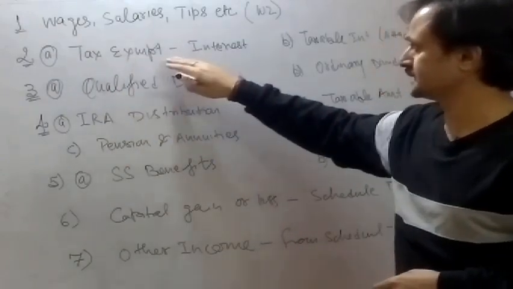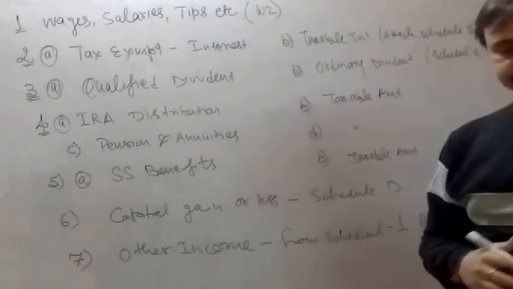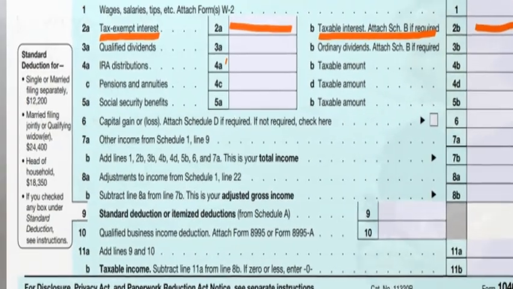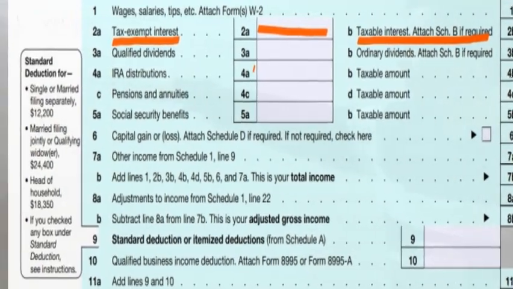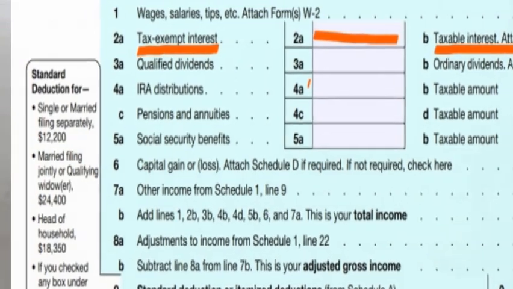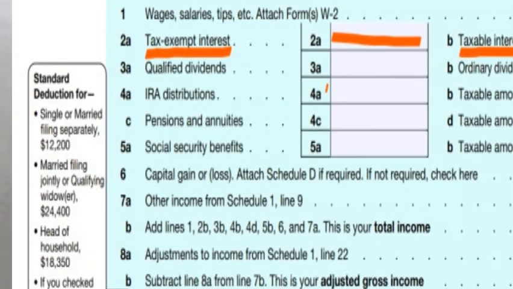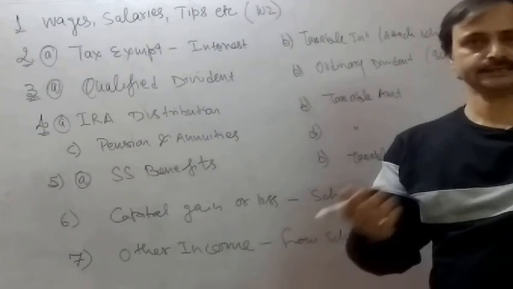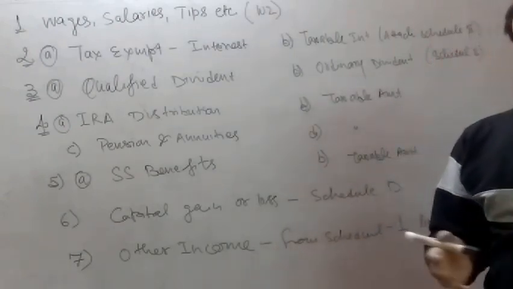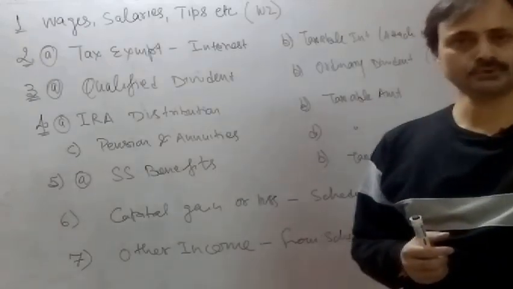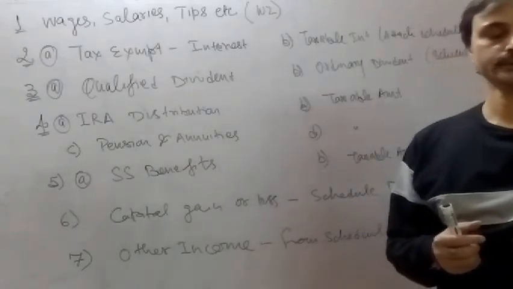Next is tax exempt interest. Line number 2 has two sets, A and B. The first point, A, is tax exempt interest. If someone has saved some money in a savings or checking account, whatever interest they have earned throughout the previous year, a portion of that interest will be non-taxable.